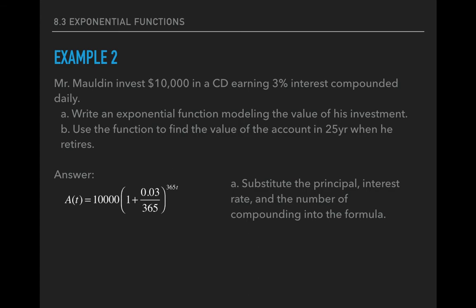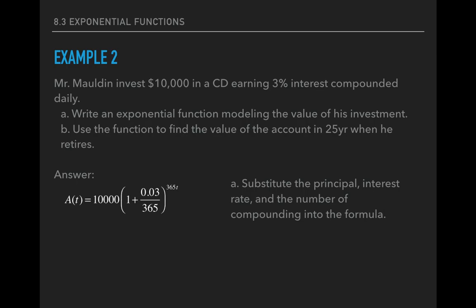And how many days are there in a year? 365. And it's raised to the 365 times t. t is our independent variable. t is what's going to really cause a lot of changes as that t value increases.